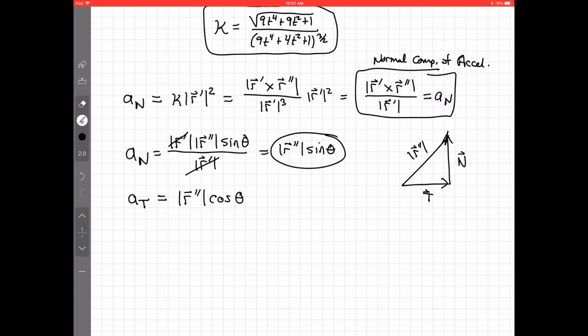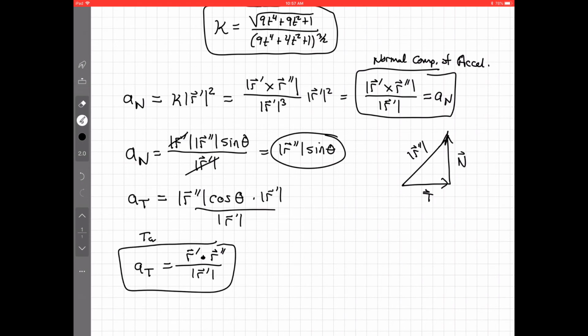Anyway, long story short, if you multiply this by r prime over itself, we recognize the formula for the dot product, right? And so we end up with the tangential component being r prime dotted with r double prime over the length of r prime. And so there's our tangential component of acceleration.